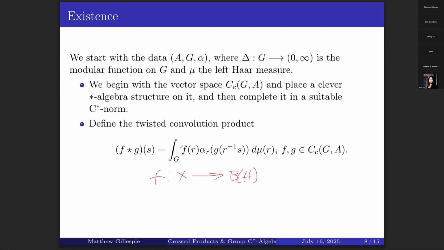The integral of f in that case is simply the unique operator characterized by the fact that if I apply it to two Hilbert space vectors in the inner product, this is equal to the integral of the inner product of these vectors. In the same way, this vector valued integral is defined as the unique element of the C-star algebra A such that if I apply a bounded linear functional to it, this is equal to the integral of the bounded linear functional applied to the stuff inside. That's all it is.